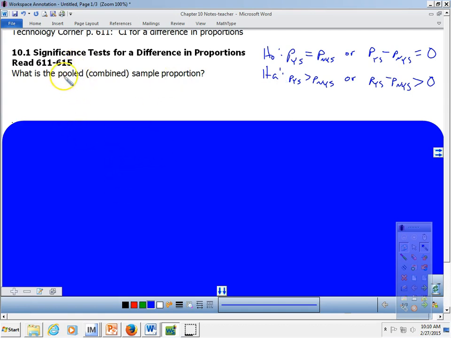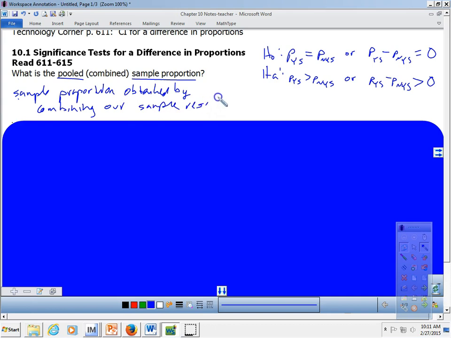And so what we get is what's called a pooled sample proportion. It's a sample proportion that's obtained by combining our sample results, okay?